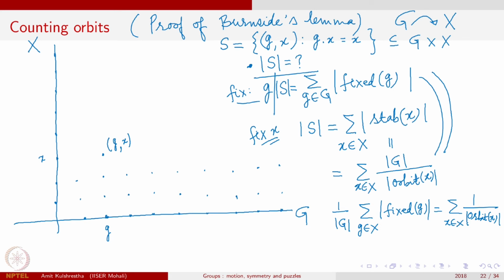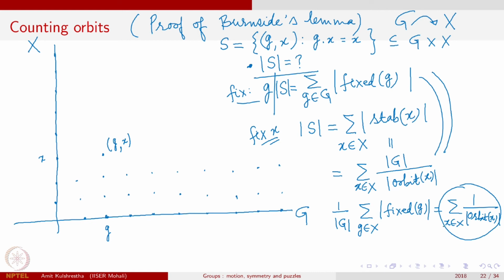Now our job is to estimate this. In fact, we are supposed to say that this is precisely the number of orbits in the action of G on X.